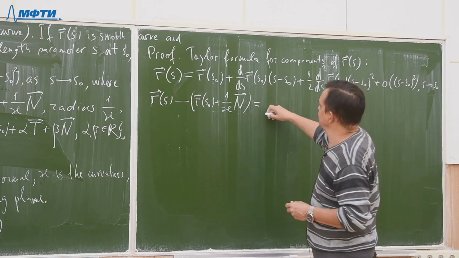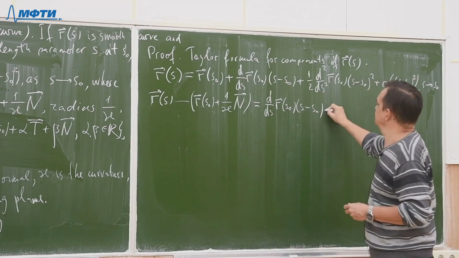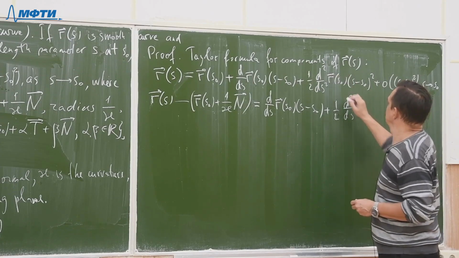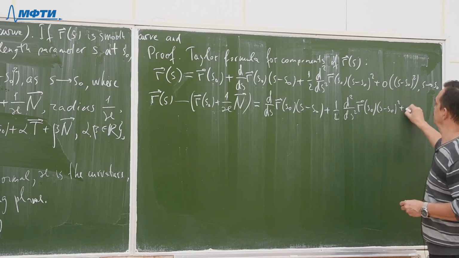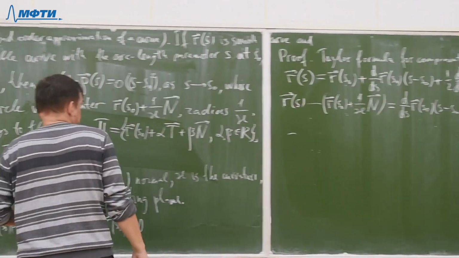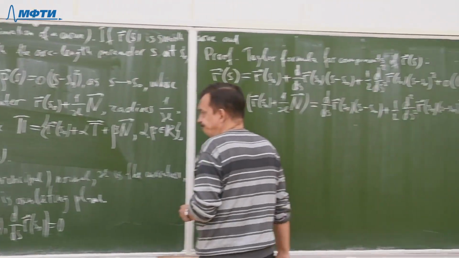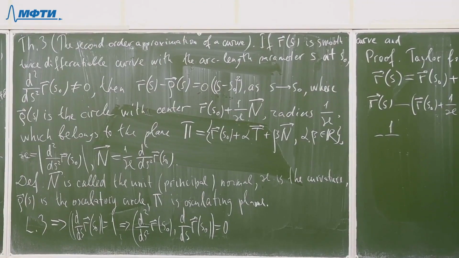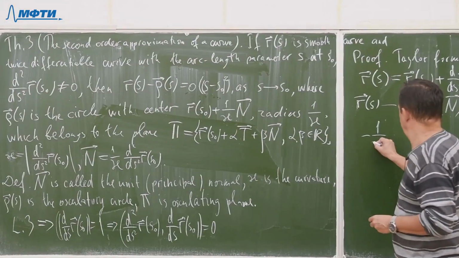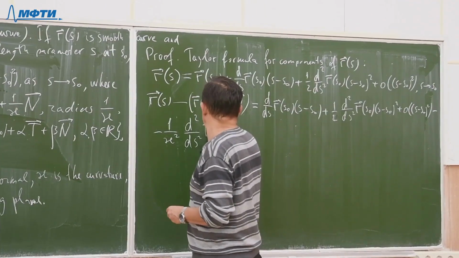So if we substitute what we obtain, that is d over ds R at S naught times S minus S naught plus 1/2 d twice over ds twice R at S naught times S minus S naught squared plus little o of S minus S naught squared, minus 1 over kappa squared times d twice over ds twice R at S naught.